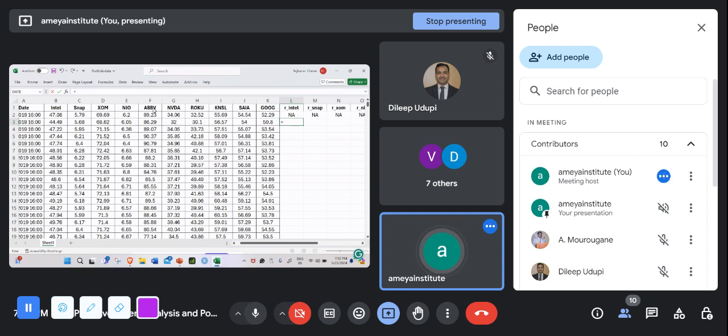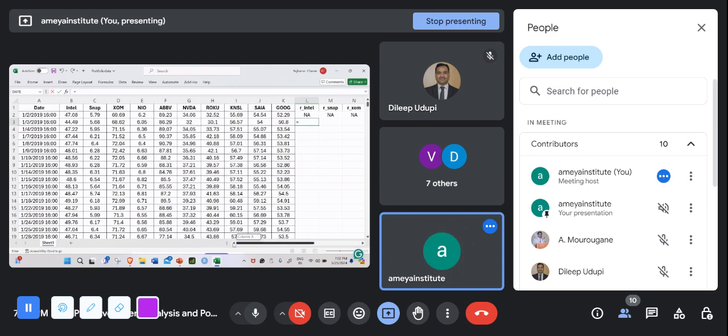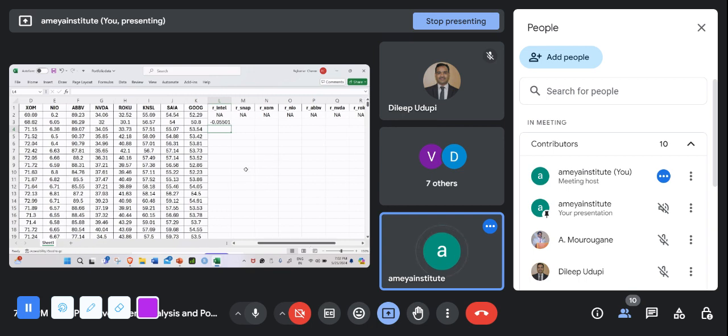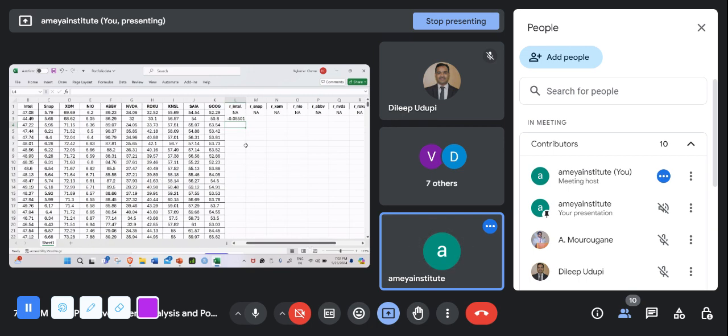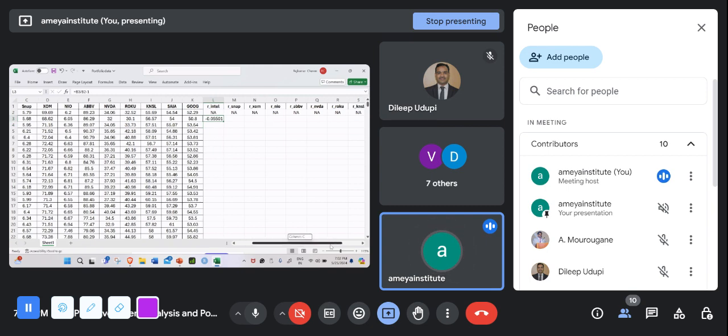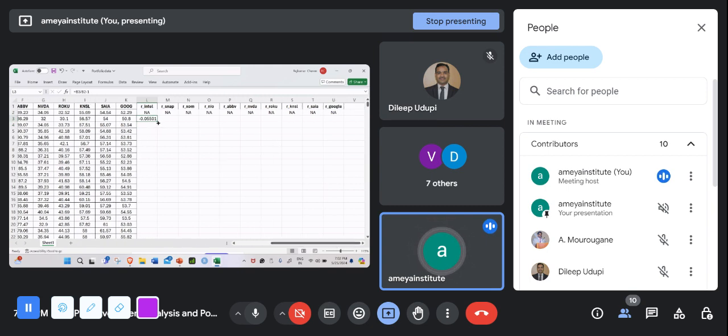So is equal to, first is the Intel company, this value divided by yesterday's value minus 1. We got this one. So this is the Intel company's returns we got here. So what we can do now, for the remaining companies, we can just click plus and drag it to the right side. Got it?